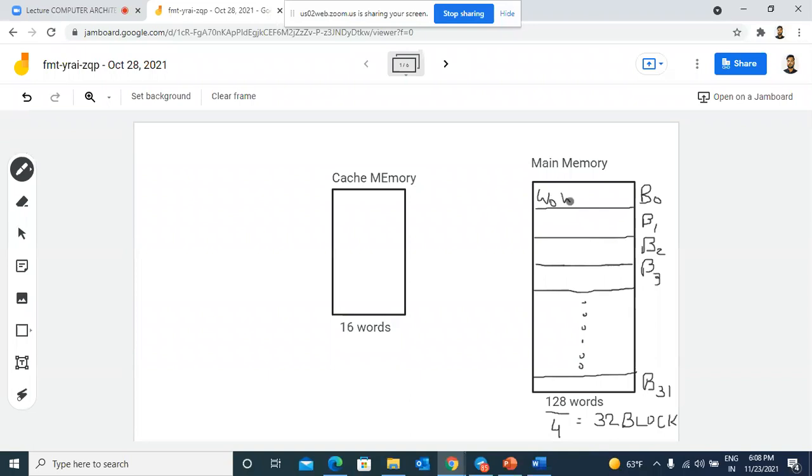So the arrangement is W0, W1, W2, W3. 4 words can remain in one block. Then next W4, W5, W6, W7.